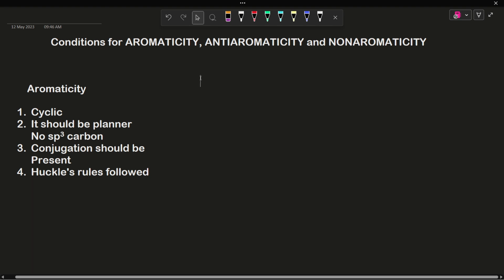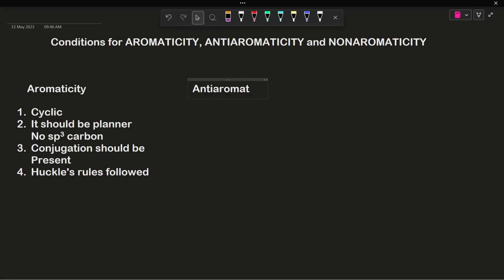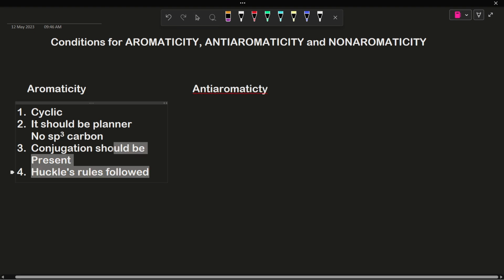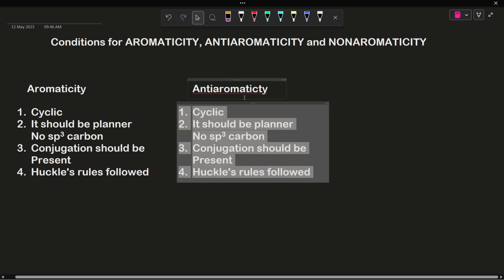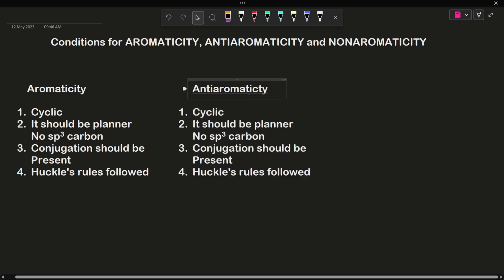Now let's also write down the rules for anti-aromaticity. The rules are the same as for aromaticity, but there's only one difference. Let me just write that down here. All right, these are the rules for anti-aromaticity.